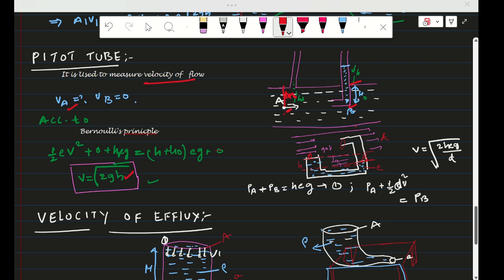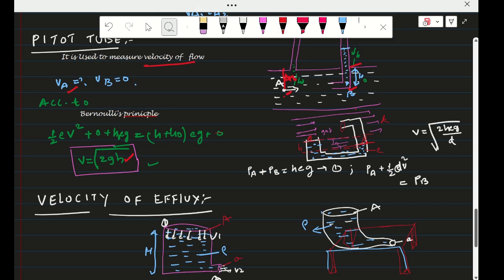This is for gas, the velocity of the gas. Finding the velocity of the gas using a pitot tube, V equals root over 2H rho g by d, where d is the density of the gas and rho is the density of the liquid in the pitot tube.